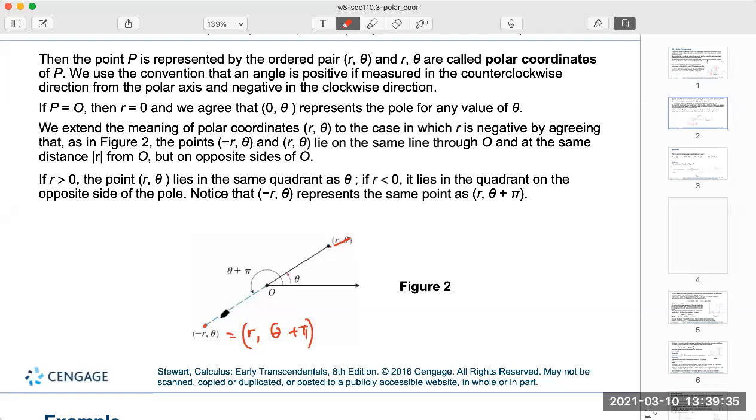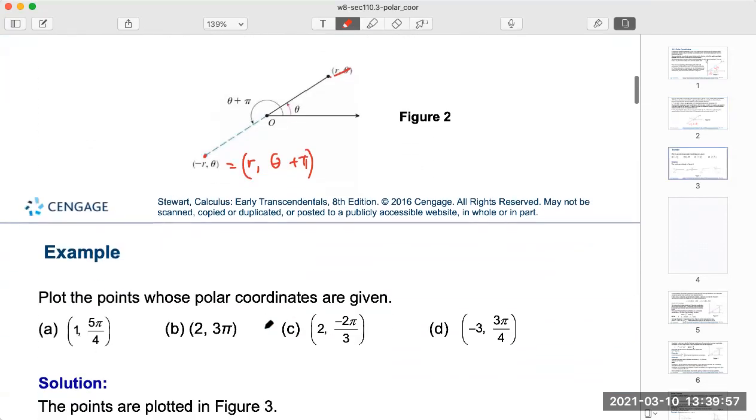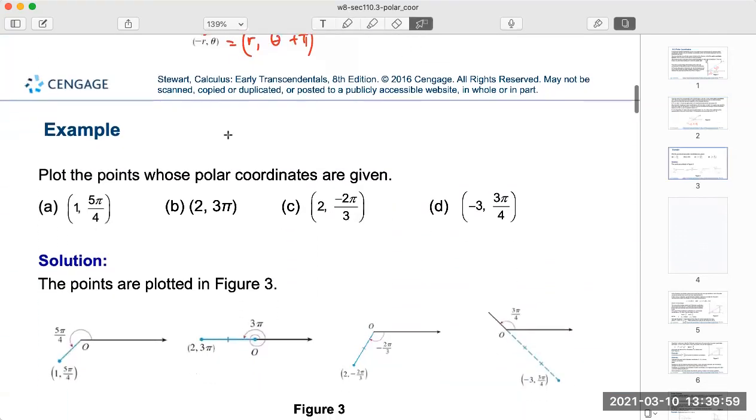So one point here is represented by two coordinates, I mean, two different numbers here, right? It is not unique. A point in Cartesian coordinates is unique, but in this coordinate system, it's special. Okay, now let us play with some specific examples.